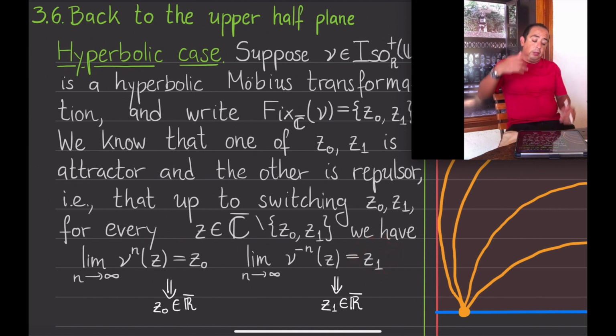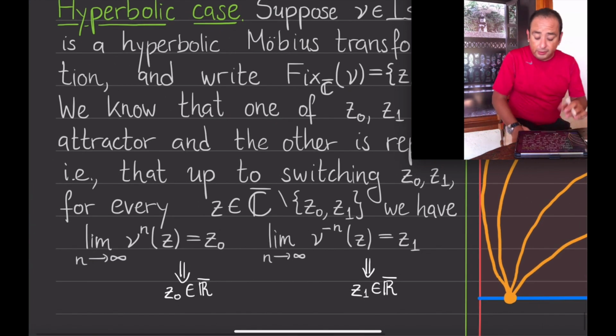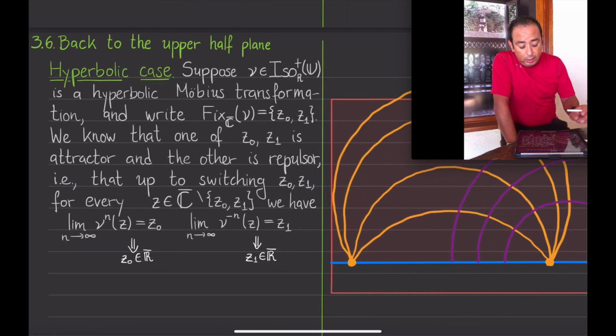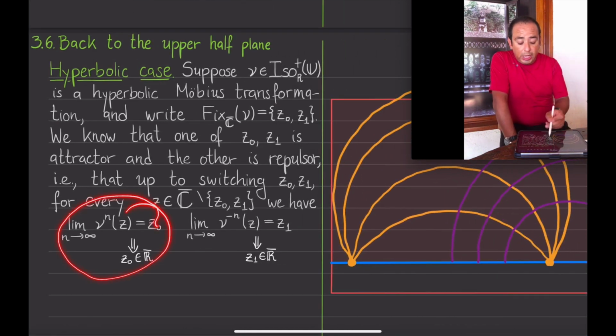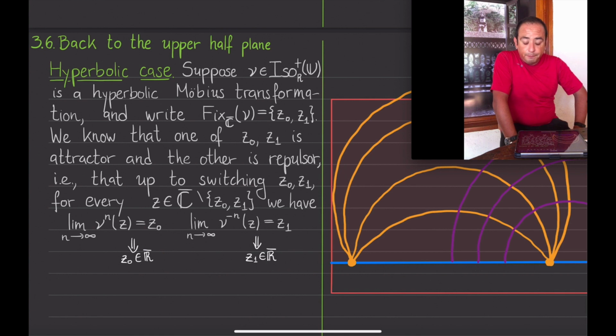So somehow that's where everything comes from, from Z1. Okay, so we know that this happens just from the analysis we made of the standard examples. And I claim that from these facts we can show that both Z0 and Z1 are in R bar.